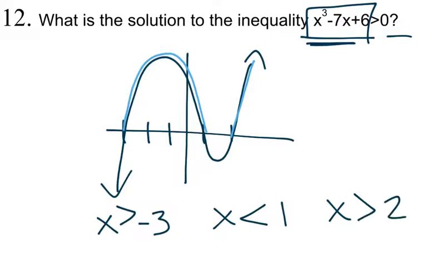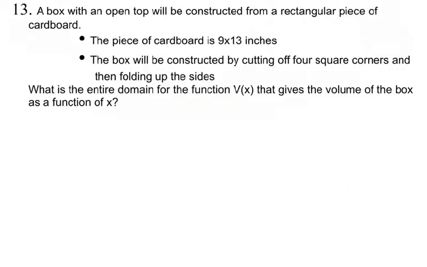So these inequality signs, if you're getting confused on them, it's just literally pointing what direction the graph exists. So right here at negative 3, to the right of it is our answer, so we did to the right. Right here at 1, to the left is our answer, so we did the left. And right here at 2, to the right of that 2 is the answer, so we did to the right. So that's what you're looking for.